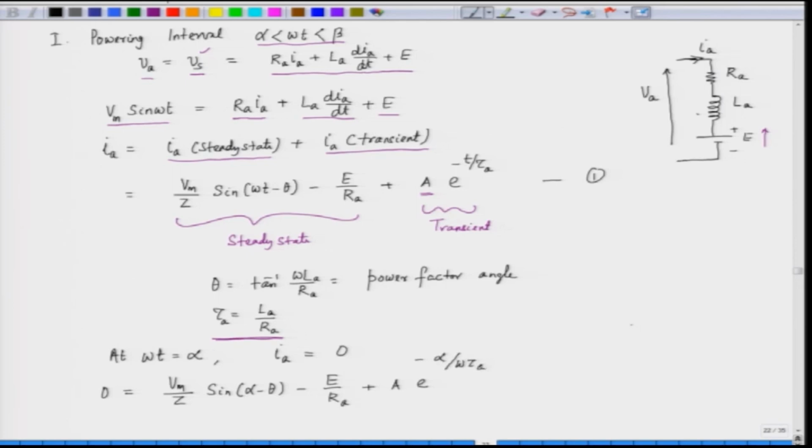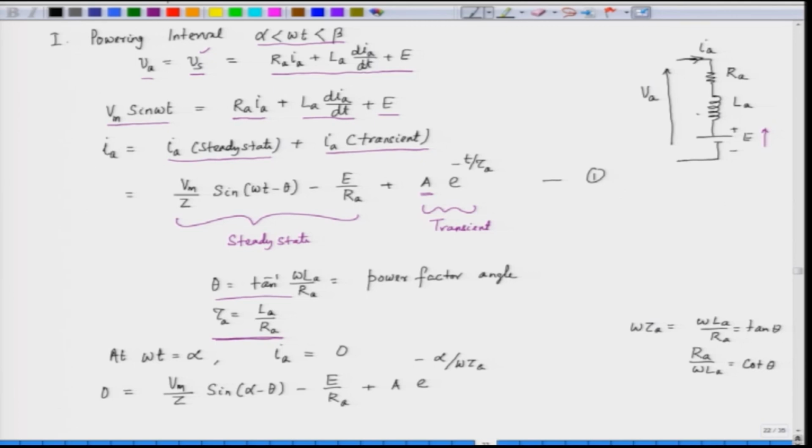Now, omega tau A is equal to omega LA by RA, which is equal to tan theta. We have defined tan theta previously. So, omega LA by RA is tan theta, and RA by omega LA is cot theta, the inverse of tan.